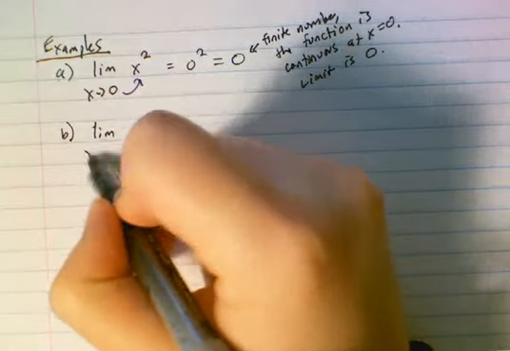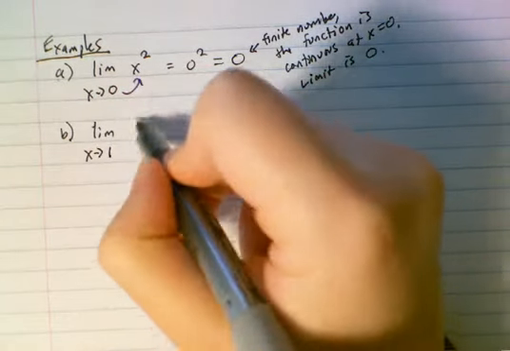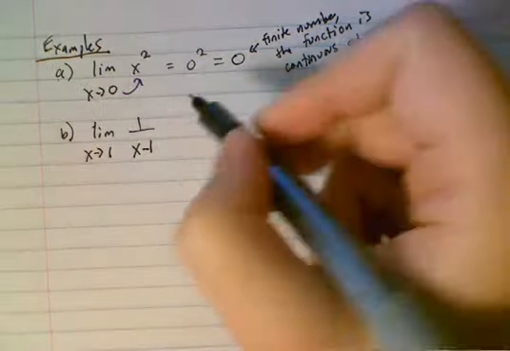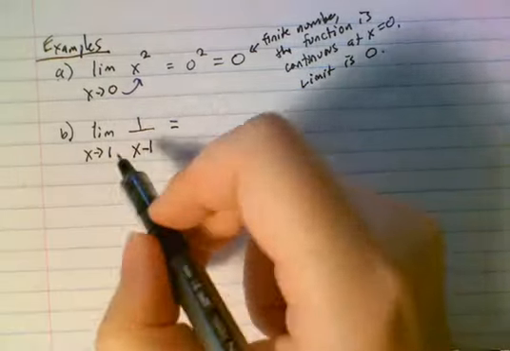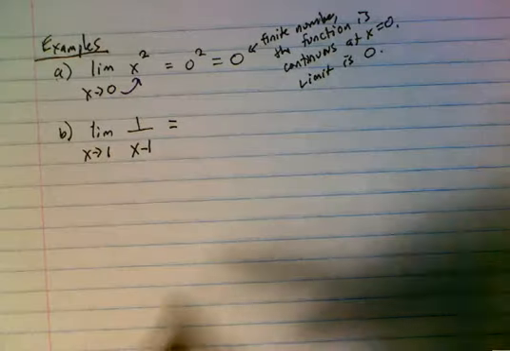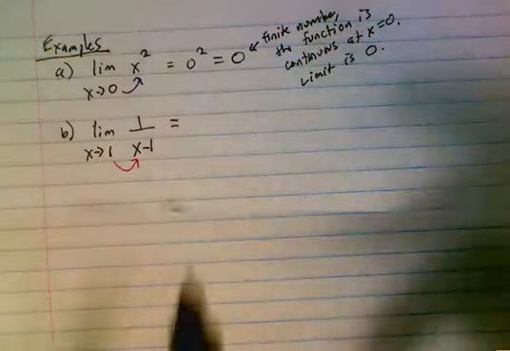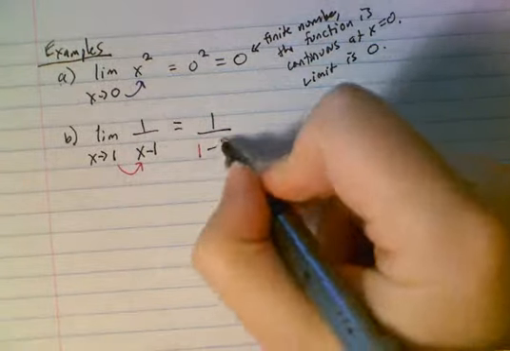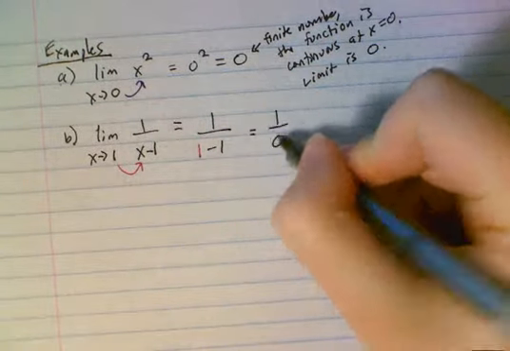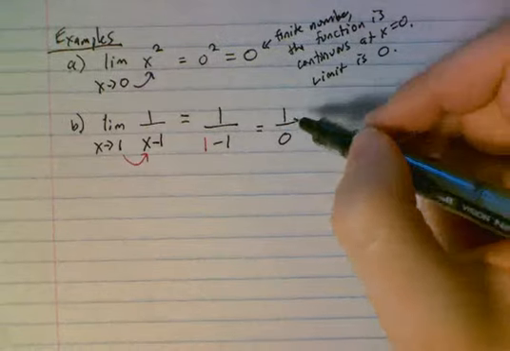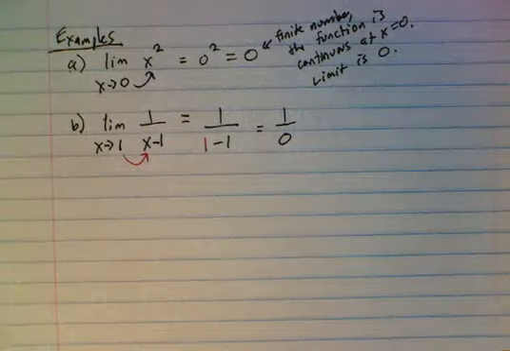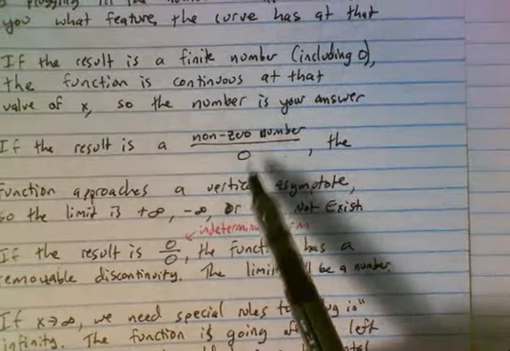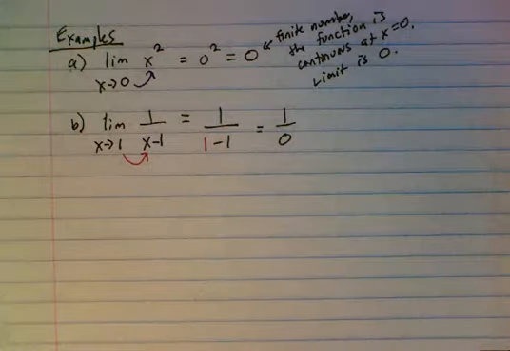Let's say we have the limit as x approaches 1 of 1 over x minus 1. So I'm just going to start off by trying to plug in this 1 right here. It's going to give me 1 over 0. So, looking at what I had over here, it's a non-zero number over 0, so we have a vertical asymptote.